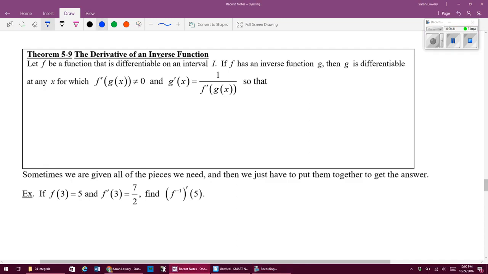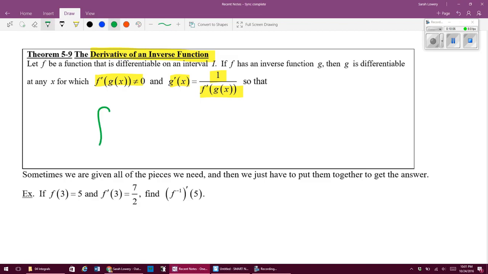Okay, so here it is. The derivative of an inverse function. If you want to find the derivative of an inverse function, it's important for you to know that, number one, the derivative of my composite function can't be equal to 0, and g prime of x is 1 over the composite function. This is the part where you need to know.